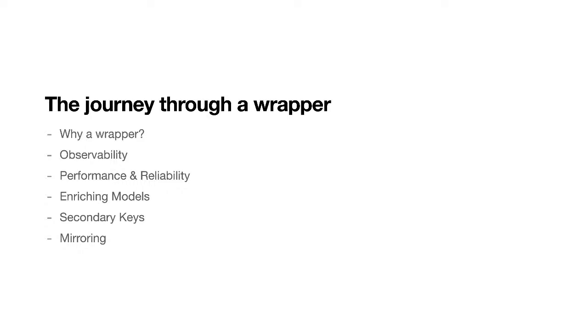And then we will see how we enrich our data models, introducing a configuration layer that has been pretty much the cornerstone to more advanced tooling. And finally, we will close with some slightly more complex tools that we created to optimize access and guarantee cross-partition uniqueness of certain values that we called secondary keys. Finally, we will introduce a feature we call mirroring that helped us a lot when it comes to repartitioned collections.